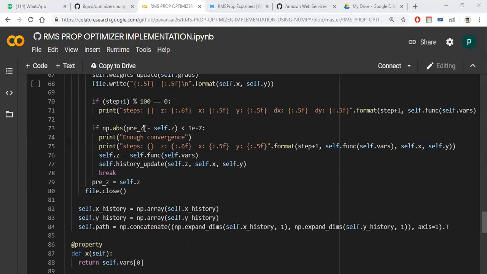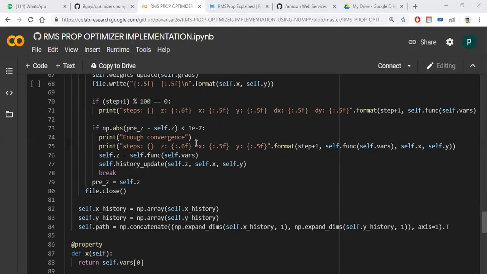So we need to know whether the previous and the new value are updated or not, because we need to stop if it has converged. For knowing that, I am creating this function. If it is less than 1e minus 7, we need to stop this loop, because that is enough for convergence.